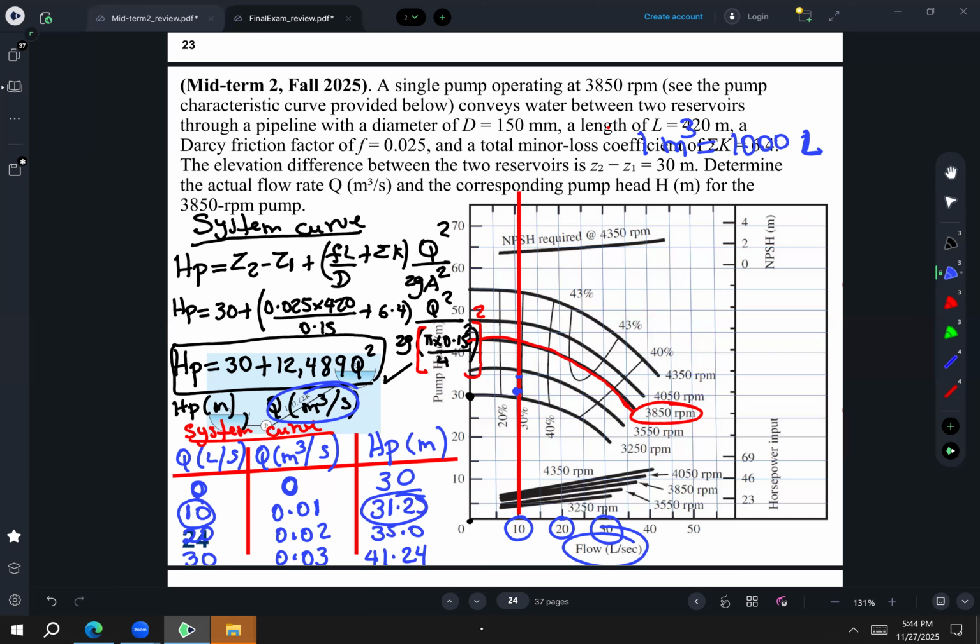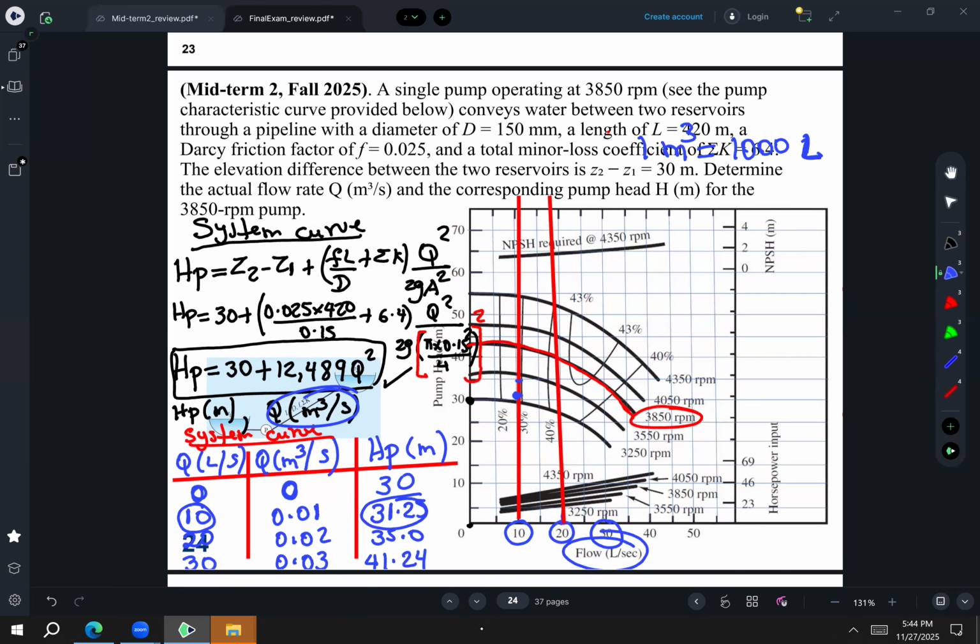When the flow is 20, we can draw a line again there. When the flow is 20, that will be 35. So it's going to be the intersection of these points.